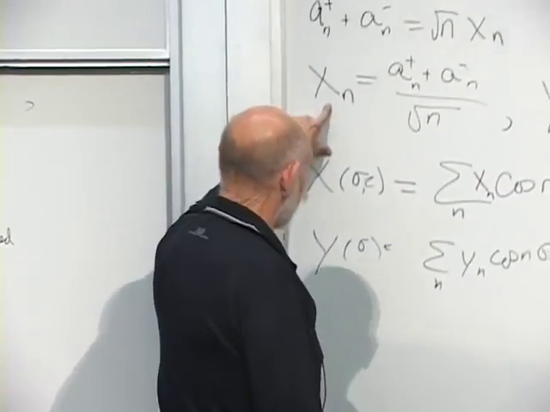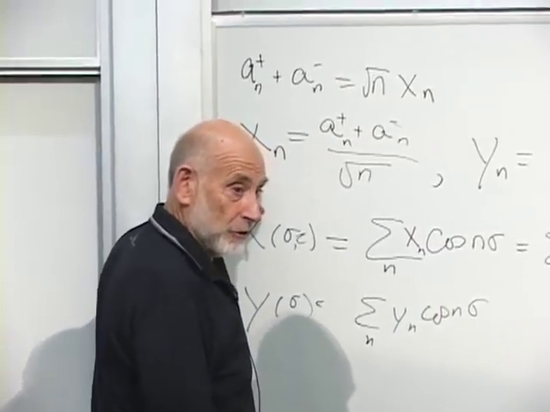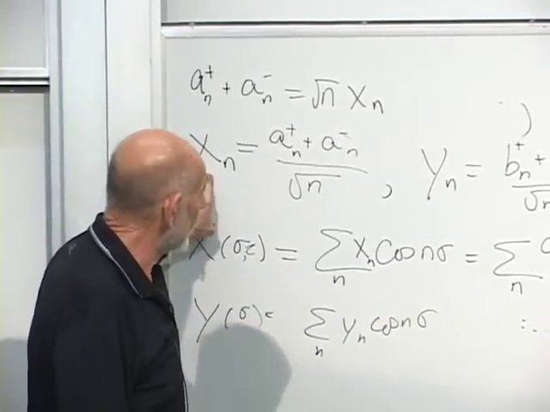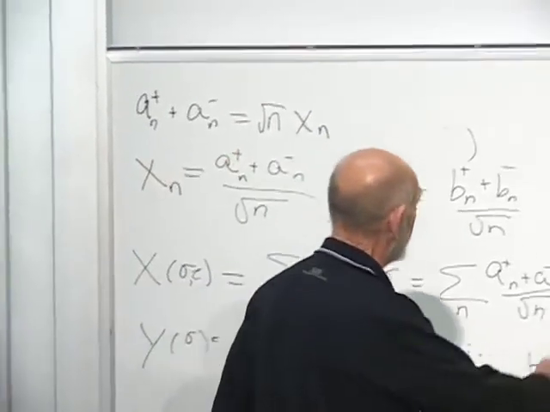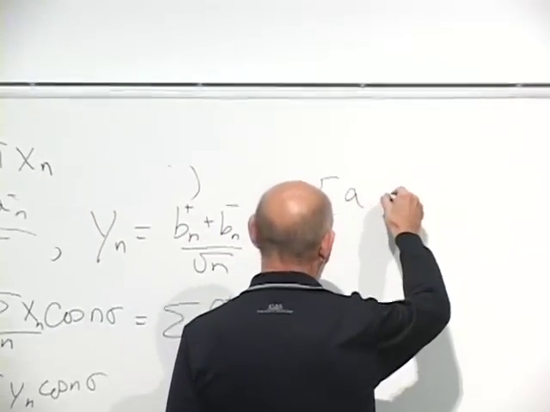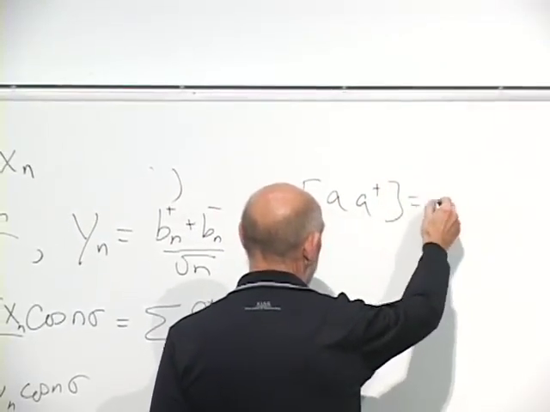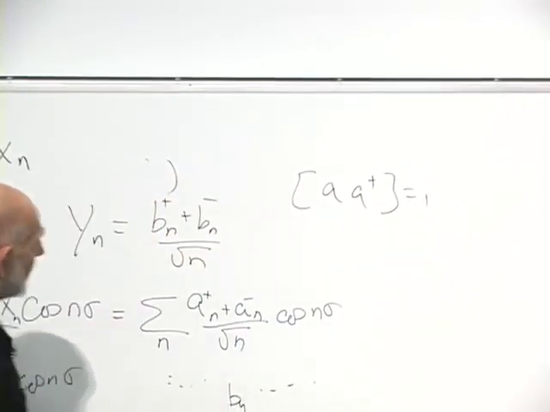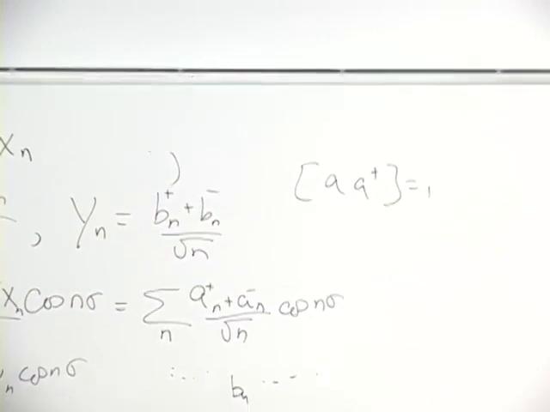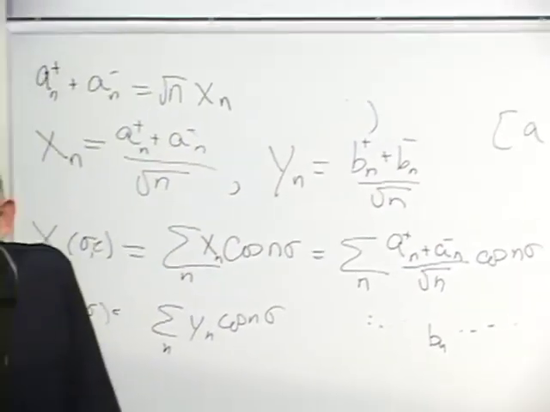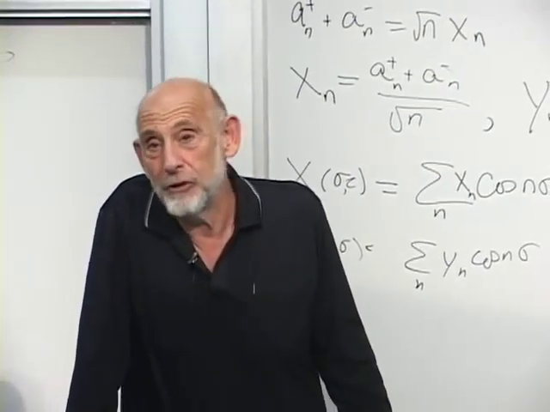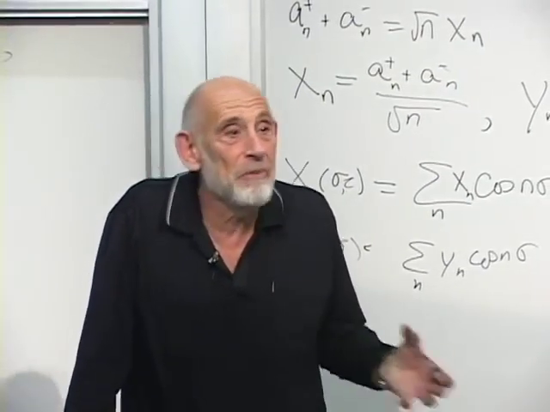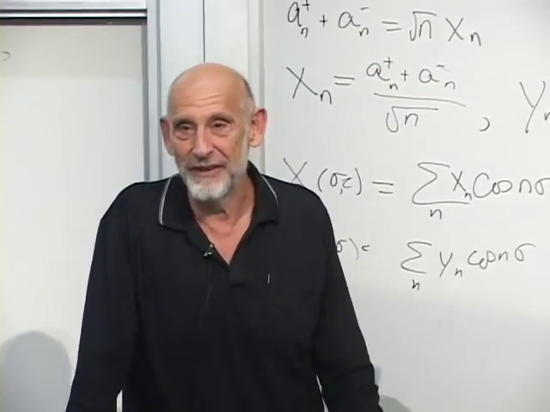X is a length, right? So it must have units of length. What about a creation and annihilation operator? Well, they have commutation relations: A A dagger is equal to 1. So what's the dimension of A? No units. So how can X be proportional to A? There are some missing units in the story.